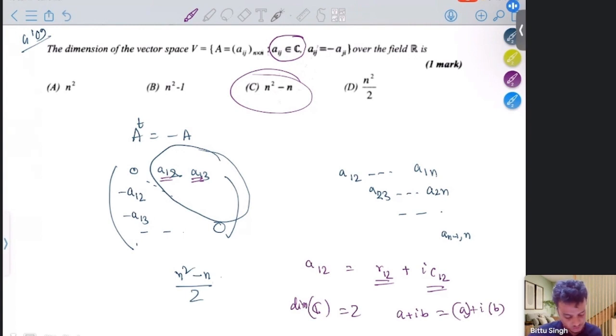So we need to multiply by 2, because those entries are not real, they are complex. There are two choices, one for the real part and another for the imaginary part. So it will be this times 2, so it is n square minus n. So there are no printing mistakes.